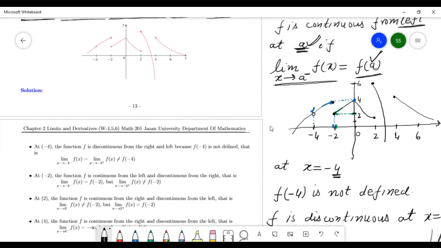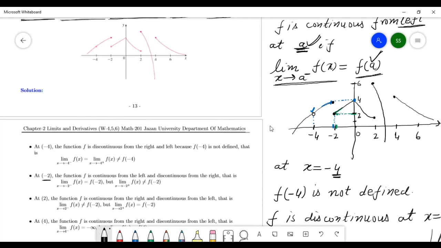At -4 it is not defined, so no continuous or discontinuous from left and right. At -2 here, the function is continuous from the left and discontinuous from the right.